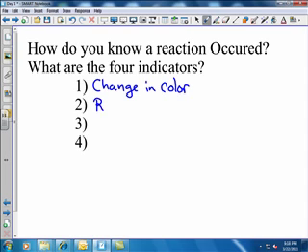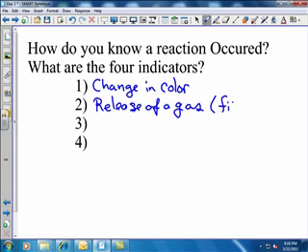Second one is release of a gas. And remember, you tend to see this one as fizzing or bubbling when you see release of a gas.